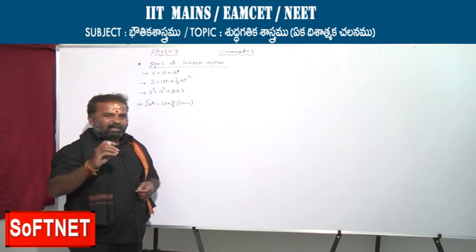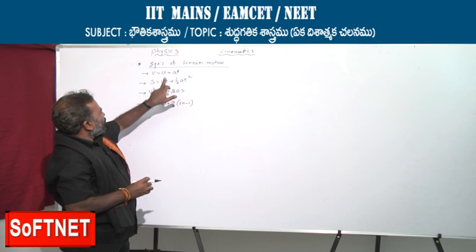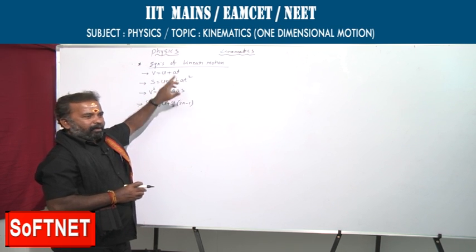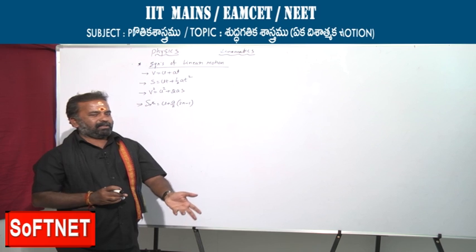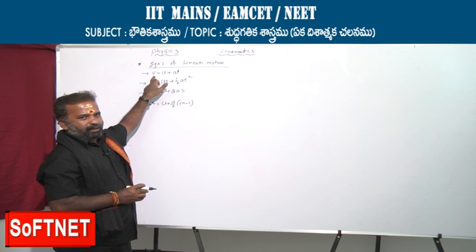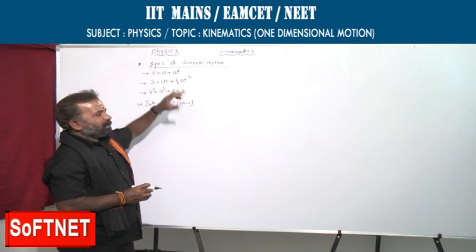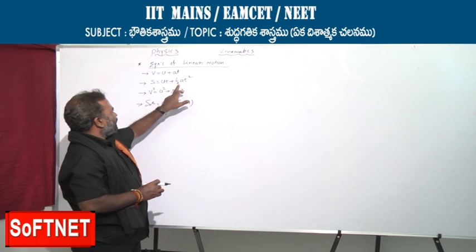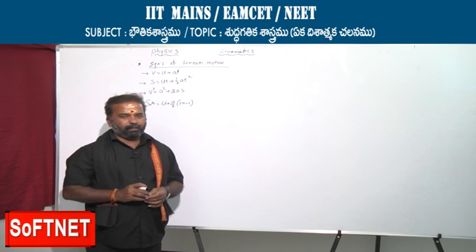When a body starts from rest, U, that is initial velocity, will be 0. When a body comes to rest, V, that is final velocity, should be 0. When a body is moving with constant velocity, then acceleration will be 0. So, let me repeat.